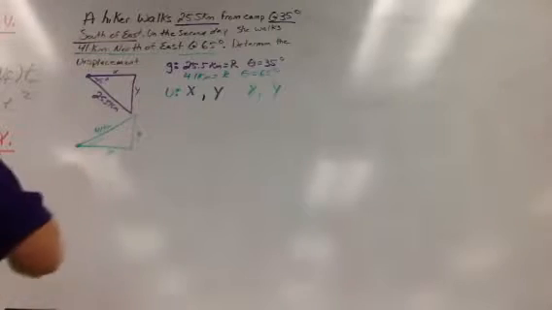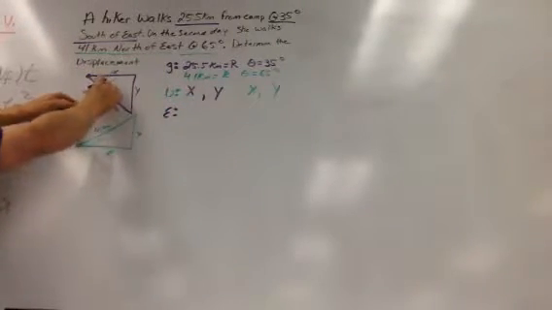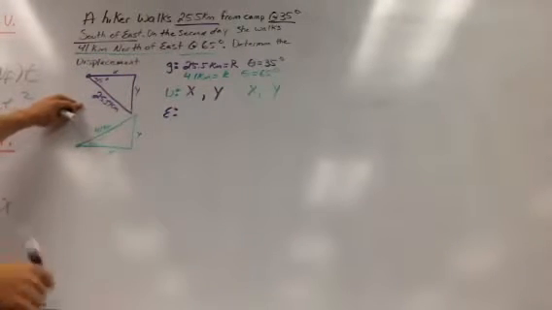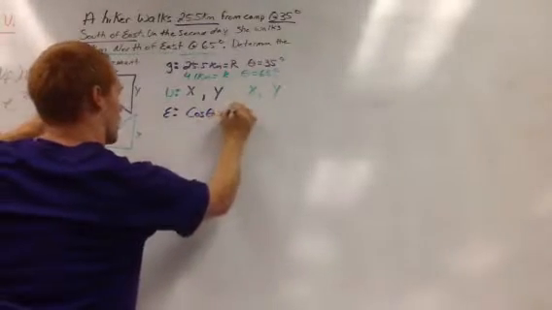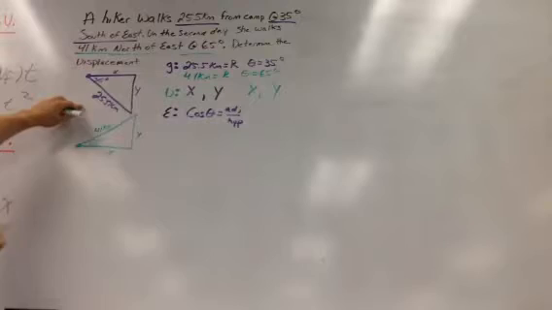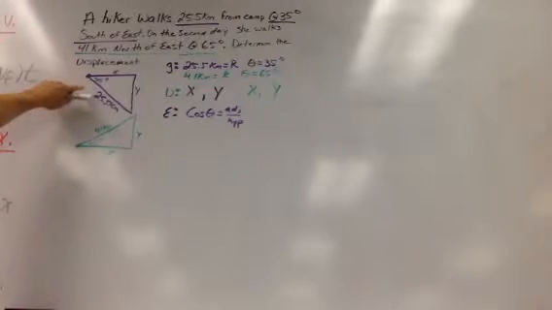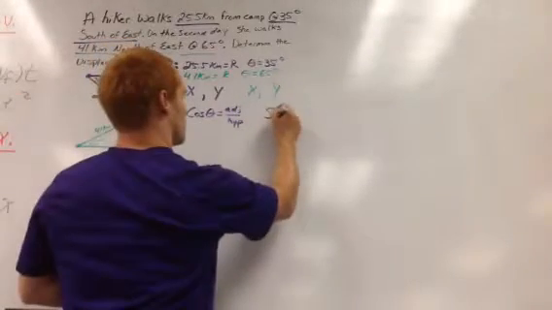So the equation we are going to use, we have hypotenuse, we have theta. Trying to solve adjacent, we're going to use cosine. So cosine theta is adjacent over hypotenuse. For y, we have theta, hypotenuse, solving for opposite, we'll use sine.